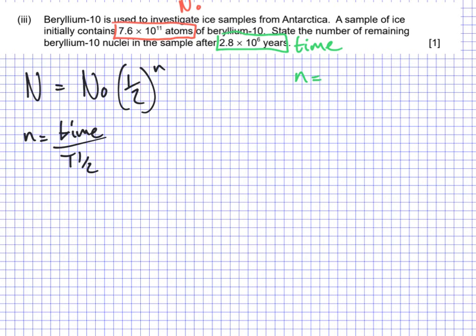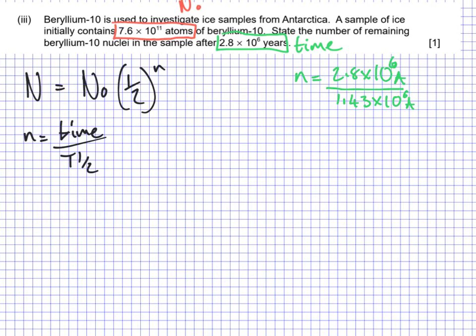And in the previous question, we were given the half-life. So my exponent n is going to be time, which is 2.8 times 10 to the 6 years, let's call it annums, over the half-life, which from the previous question we know to be 1.43 times 10 to the 6 annums. So there's my exponent. Now all I have to do is plug in the rest of it.